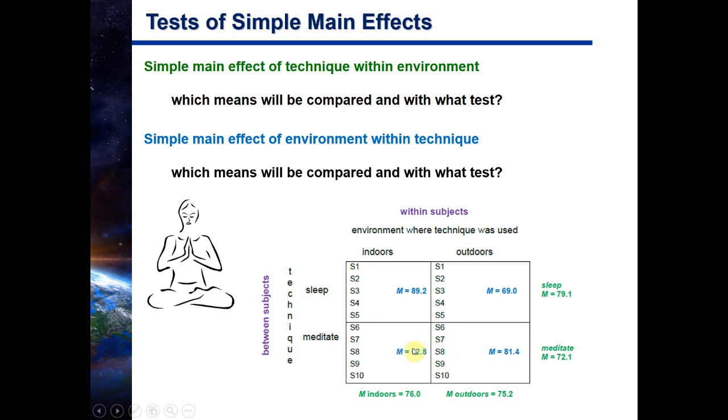So we're comparing indoor to outdoor environment within meditate, so only for the people meditating. Now we look over here, we're comparing two means, same people in each group. These people are the same as these. It's another dependent t-test.